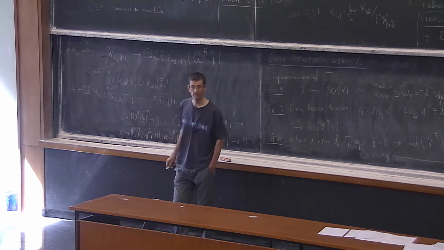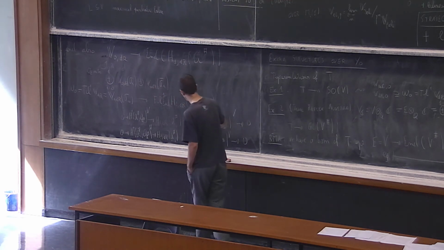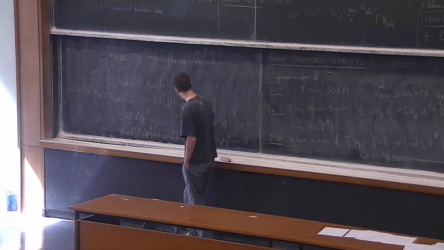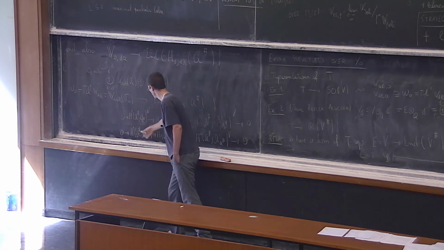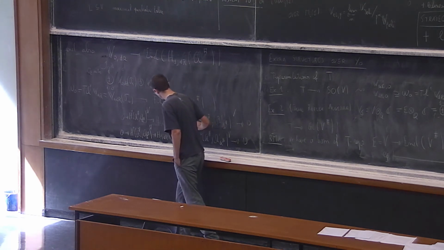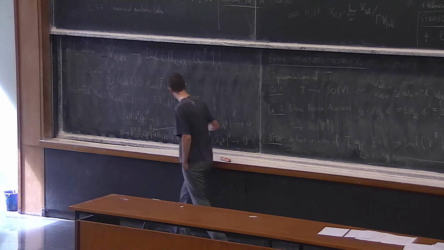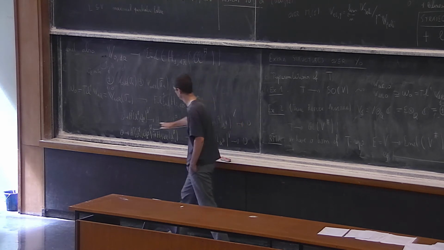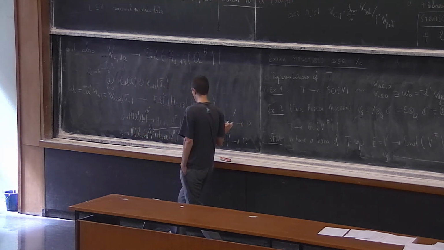What is Fil 1? So Fil 0 are simply the endomorphisms that preserve the filtration, and Fil 1 is the morphisms that send one graded piece to the other, the gr to Fil.